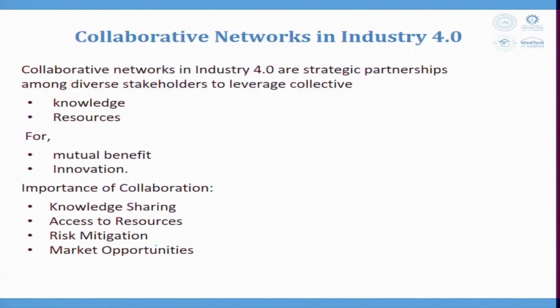So, when we talk about the collaboration network in industry 4.0, they are all looking for strategic partners. See, nobody is looking for a weaker partner. People are trying to shake hands with each other, looking for a hand with the same muscle power as theirs. So, strategic partnerships are one thing which is used. The strategic partnership can be in terms of knowledge, location, or platforms, digital platforms, whatever it is.